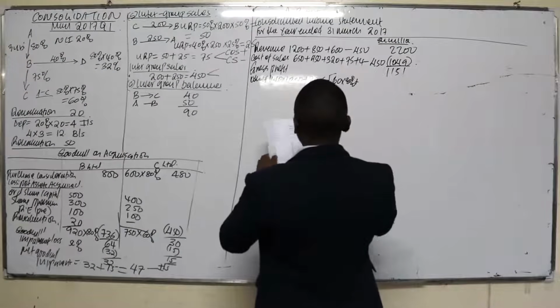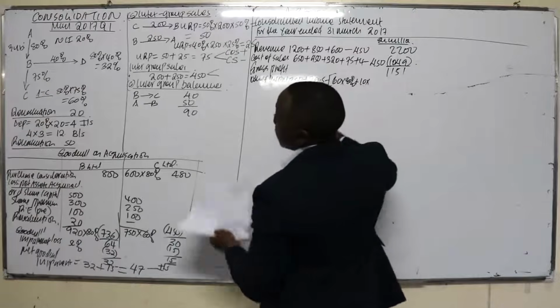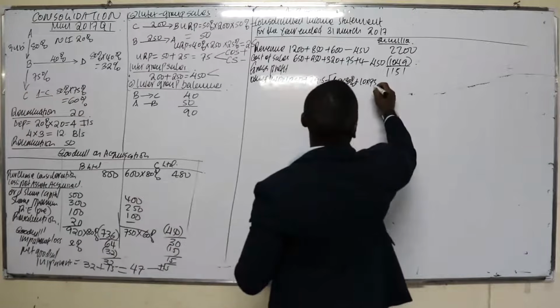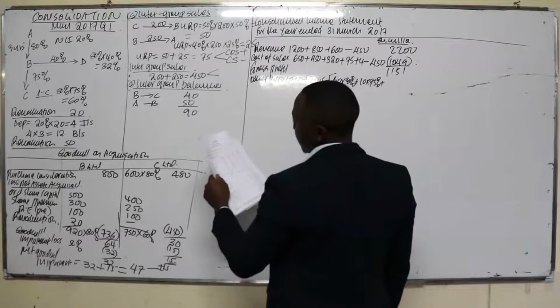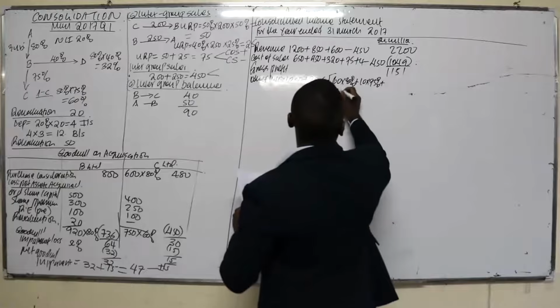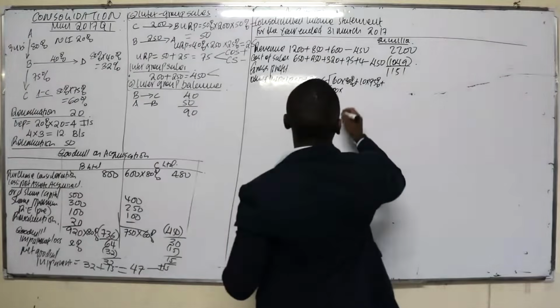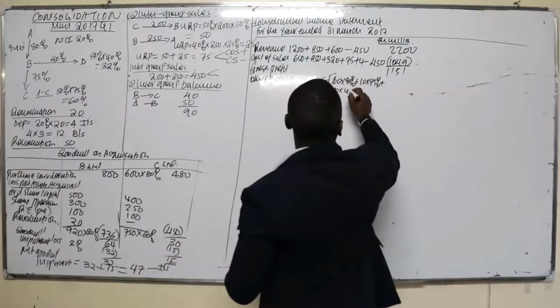Then C paid a dividend of 10. C paid to B 75%. Plus also D, it's an associate, paid a dividend of 50. 40% paid to B. So it's already included in 29, 40%.